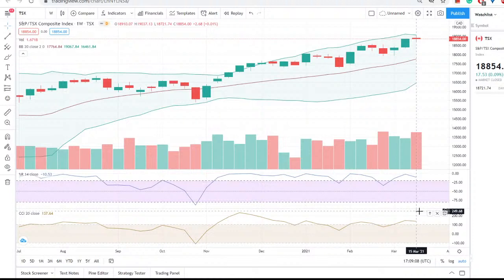My suggestion would be to be very nimble footed here. If you find a correction happening, take your profits out. Okay, thank you, sir, for the observation. Just be nimble footed and take your money off the table as much as you can.